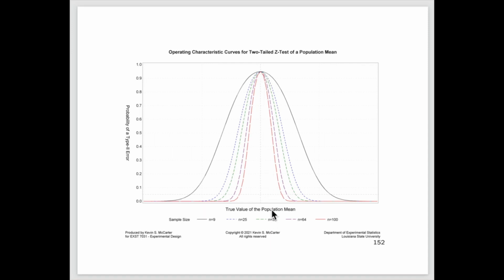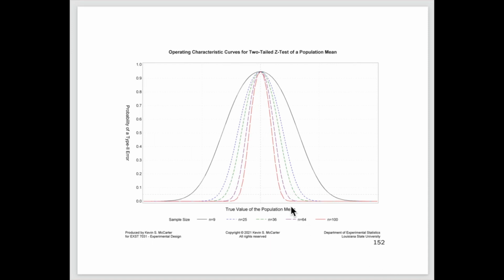Now, as the true value of mu gets further and further away from mu sub 0, we can see that the probability of committing a type 2 error decreases, all right? And as the sample size gets larger and larger, that rate of decrease gets faster and faster for smaller and smaller distances from mu to mu naught.